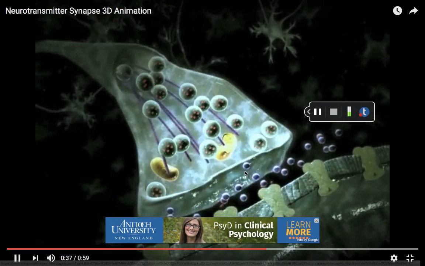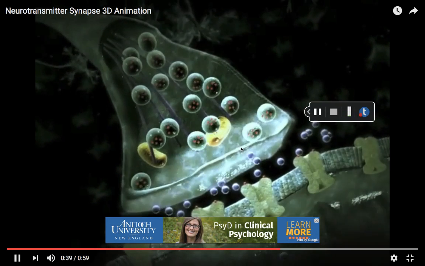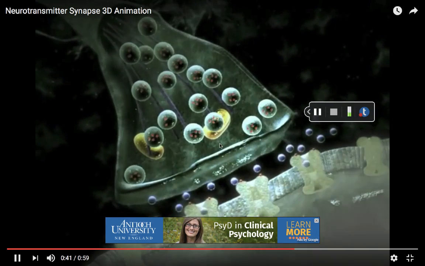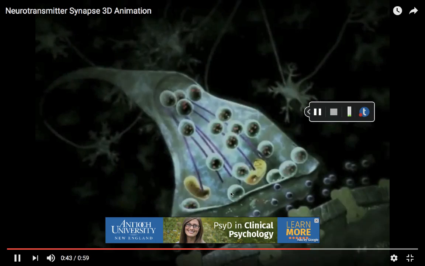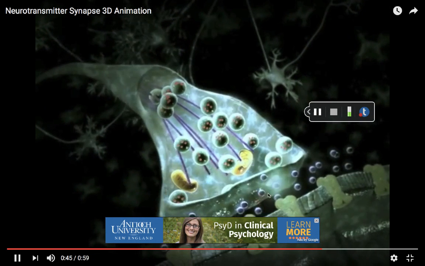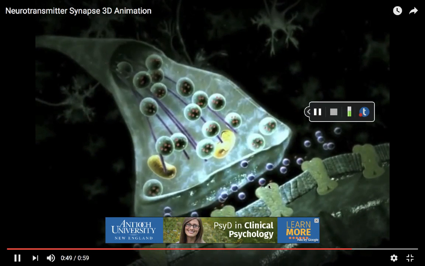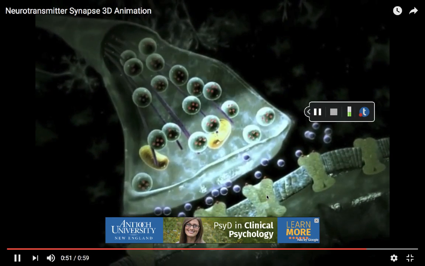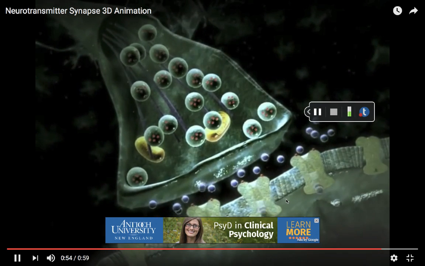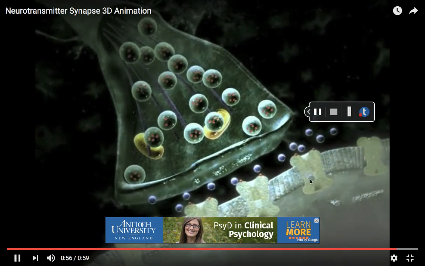Now we're reaching the end of the neuron with our terminal buttons right there, and they are releasing the neurotransmitters. Once they bind with the receptor right there, the receptors open and transmit the message along.